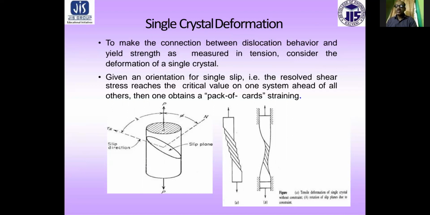Given an orientation for single slip, that is, the resolved shear stress reaches the critical value on one system ahead of all others, then one obtains a pack of card strain.